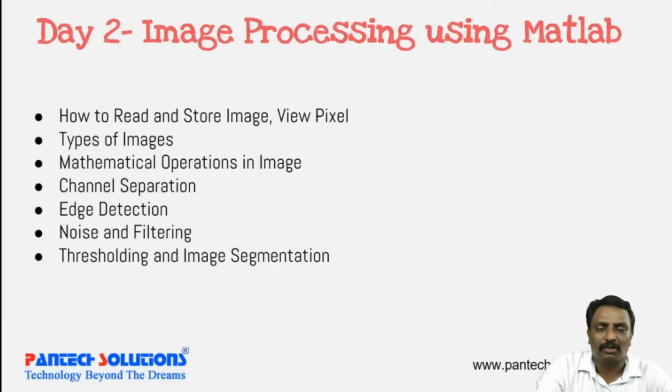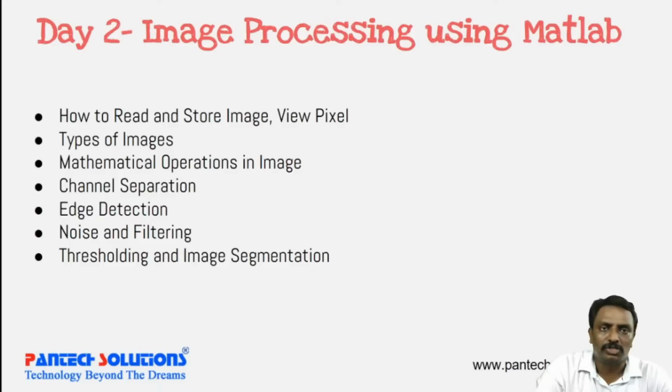And finally, thresholding and image segmentation: how to threshold the image by using histograms, how to identify the threshold on a histogram image, and finally how to segment those images based on thresholding. That we will be covering today.